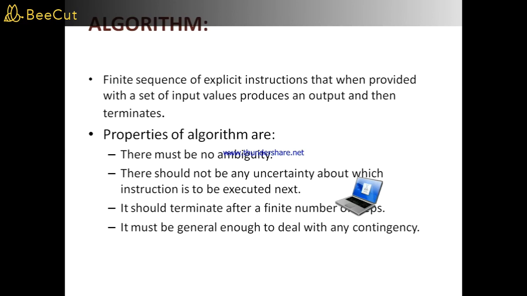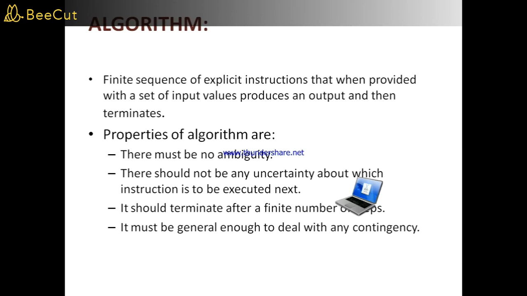Here it is given in only two lines: it's a finite sequence of instructions that, when a set of input values is provided, should produce an output and then terminate. Clear? Let me give an example of how an algorithm works.